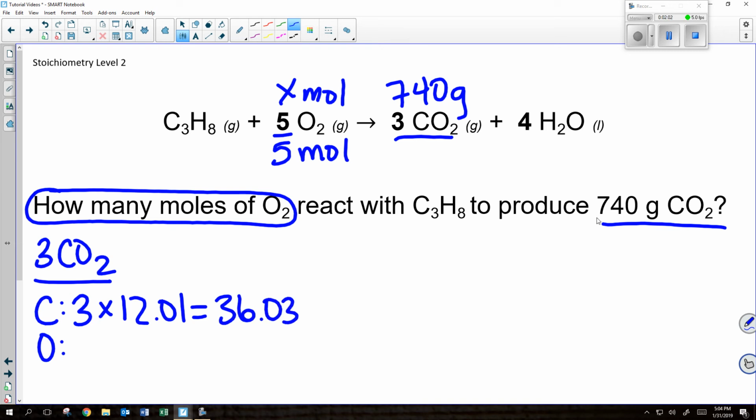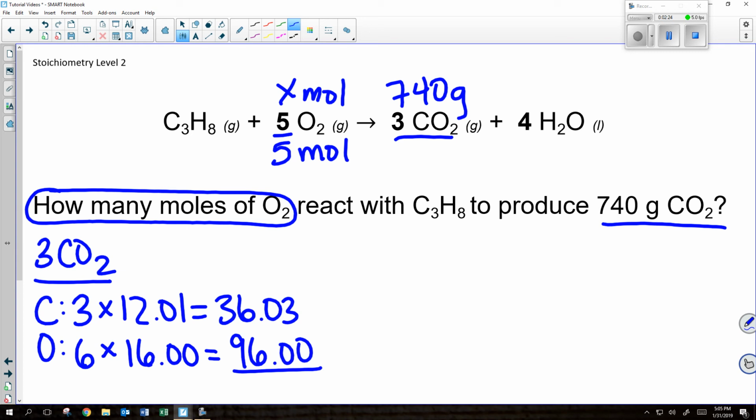For my oxygen, I have 3 times 2 oxygen, which gives me 6, times the mass of oxygen, which is 16.00. Multiplying that across, 6 times 16 gives me 96.00.